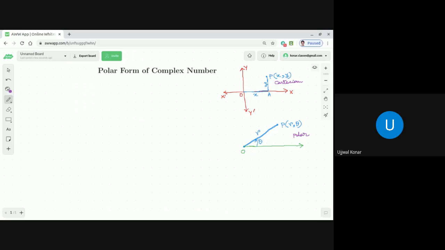You will get multiple points. If I say only x, you will get multiple points on a line parallel to the y-axis, all at the same distance x from the y-axis. So we really cannot represent that point uniquely.